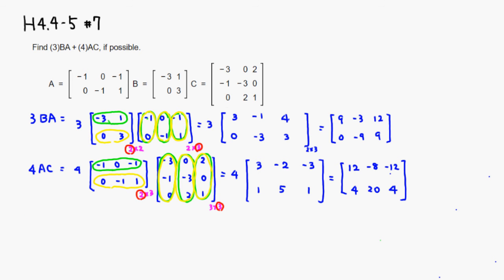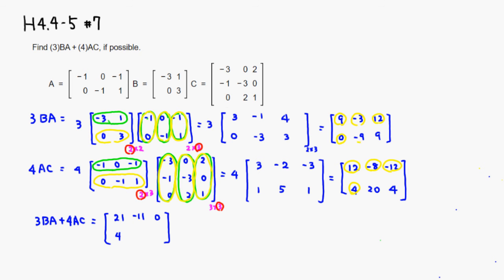Then to find 3BA plus 4AC, we just add these two matrices together. 9 plus 12 is 21. Negative 3 plus negative 8 is negative 11. 12 plus negative 12 is 0. 0 plus 4 is positive 4.